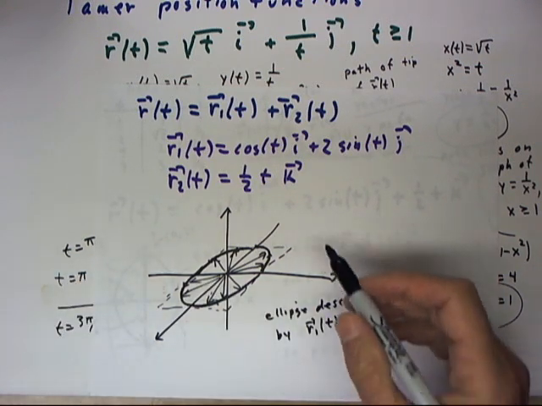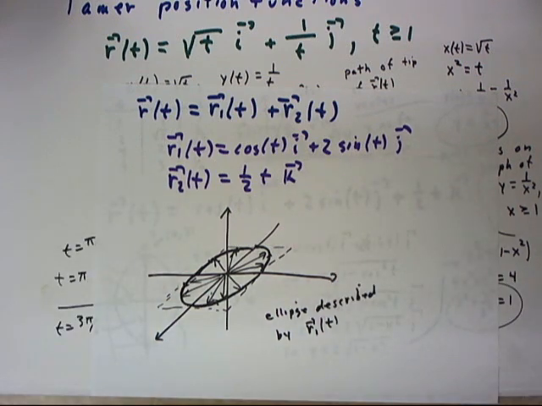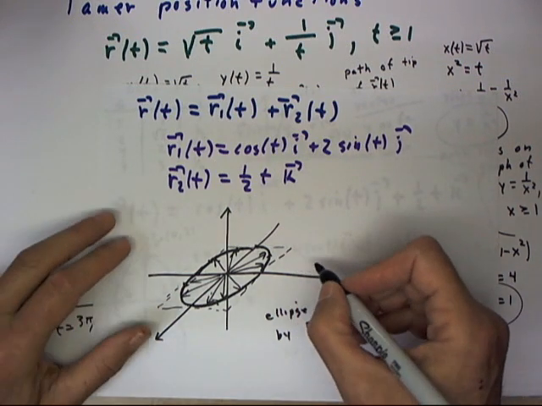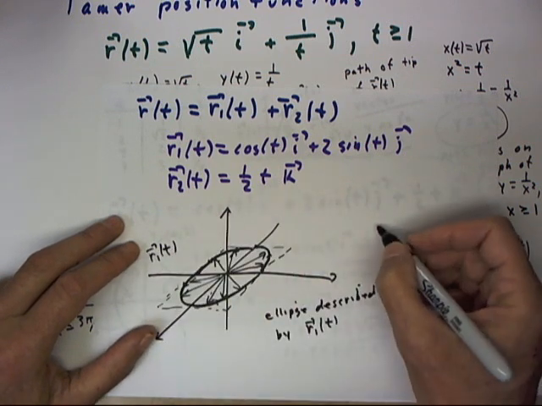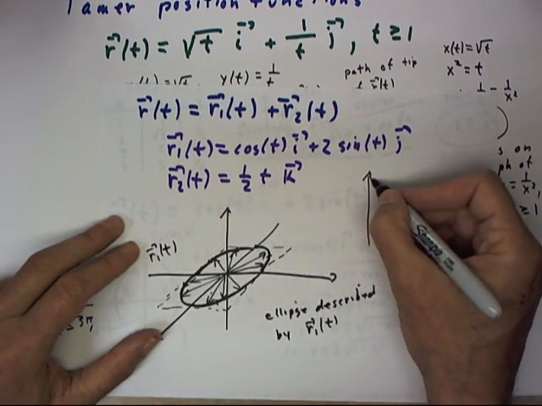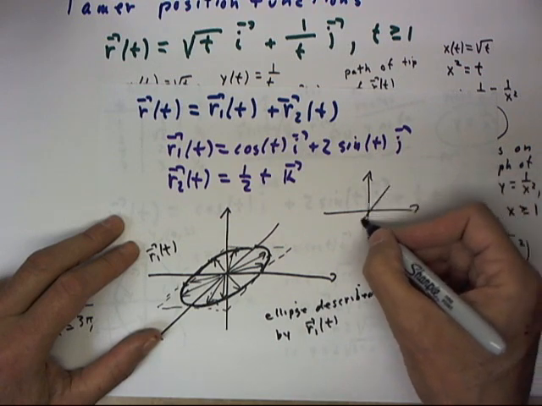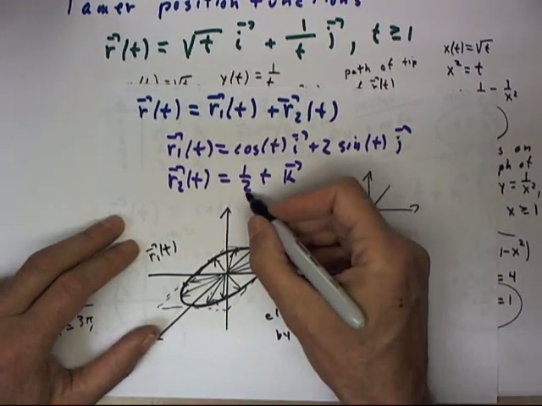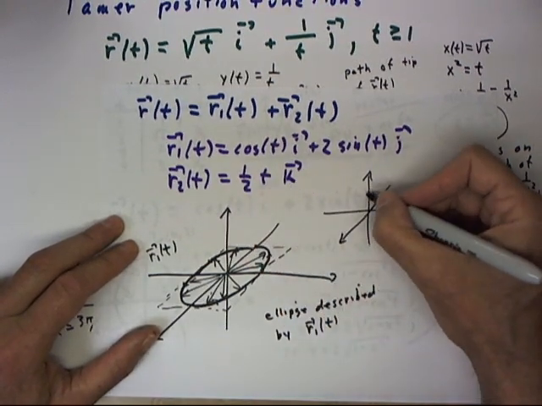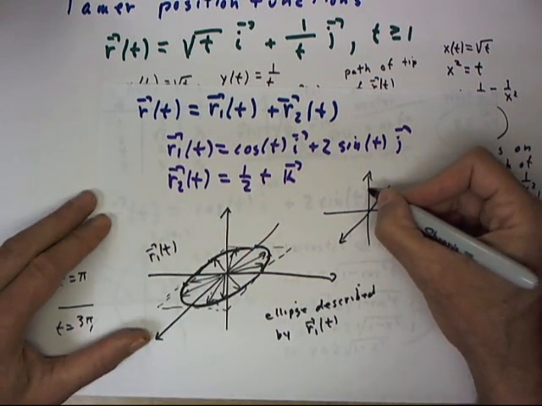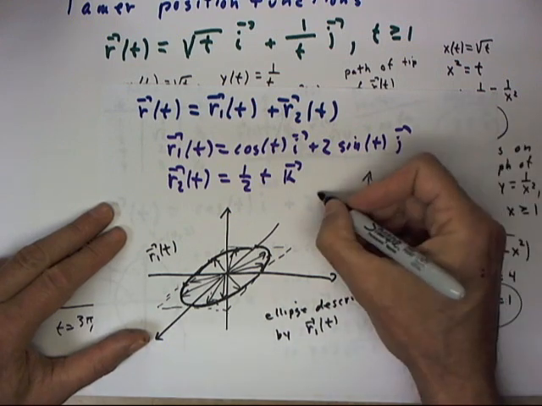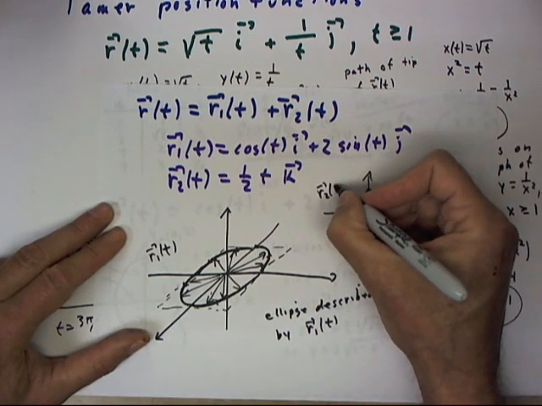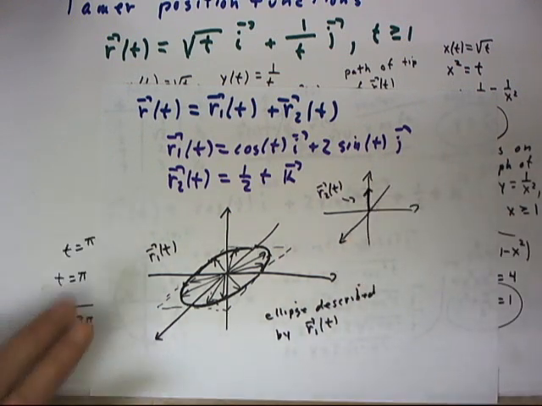Okay. Now, what's r2 of t? This is our r1 of t. r2 of t, if we sketch it here, at any time is a vector parallel to the k vector. If t is positive, here's what r2 of t looks like.